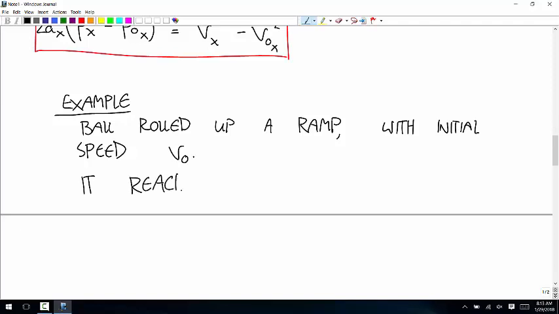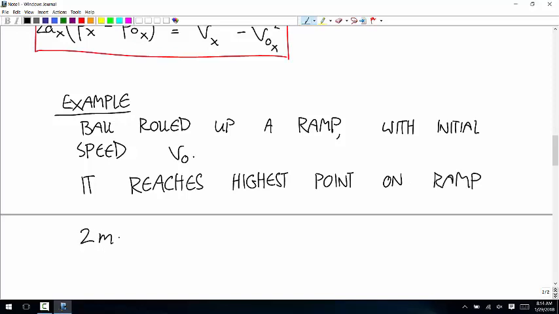It reaches the highest point on the ramp 2 meters away.